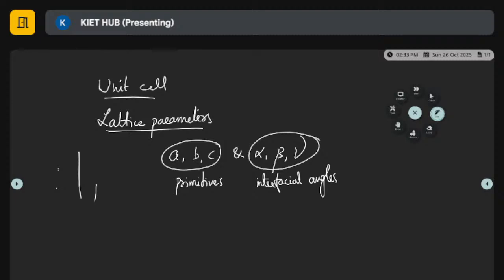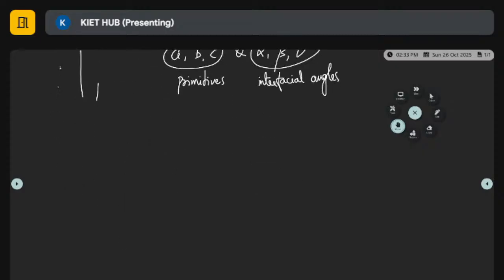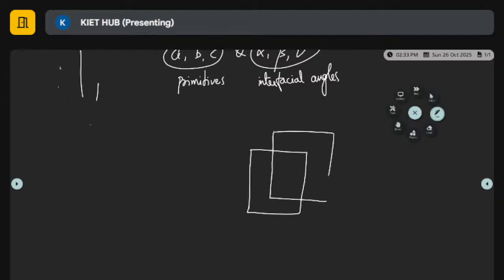What we use? ABC, alpha, beta, gamma. ABC are called primitives, alpha, beta, gamma are called interfacial angles. So primitives are nothing but, if you take a unit cell, this is what?